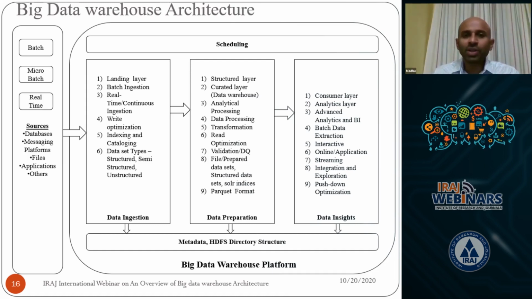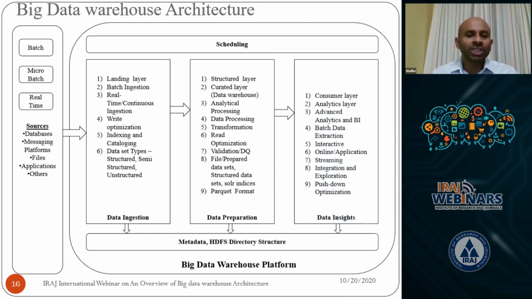As you see in this particular picture, functionally there are a total of 6 blocks in the big data warehouse architecture. First one is the data ingestion block. Then you have the data preparation block. You have the data insights block. You have the metadata block, the metadata HDFS directory structure block, and also the scheduling block.